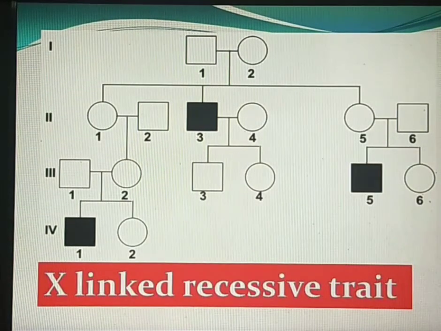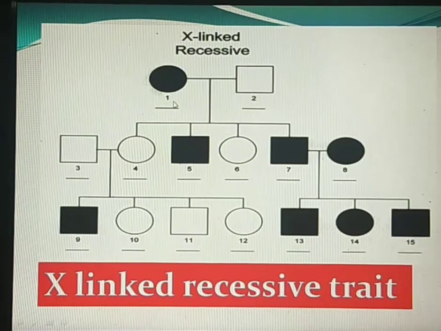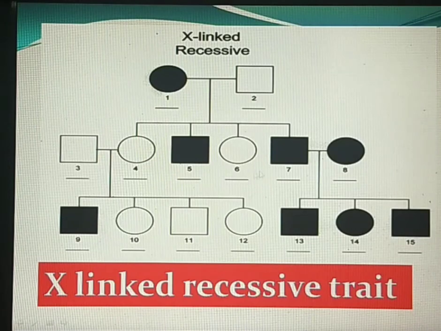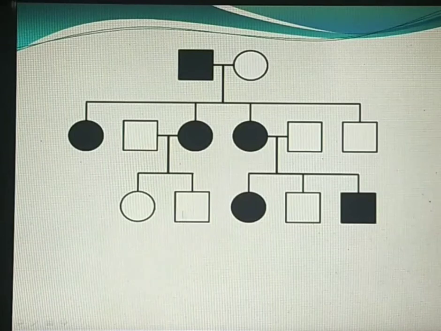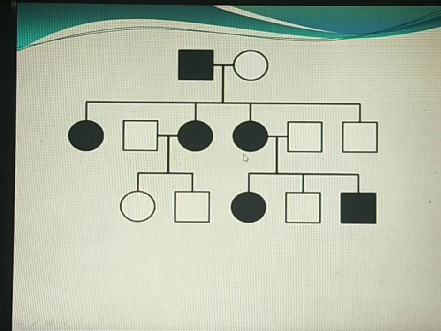Right? This is another example we can see here. When the mother is affected, all the males will get the disease, right? Here in this chart we can see the male parent is affected and all daughters of that parent have the disease.